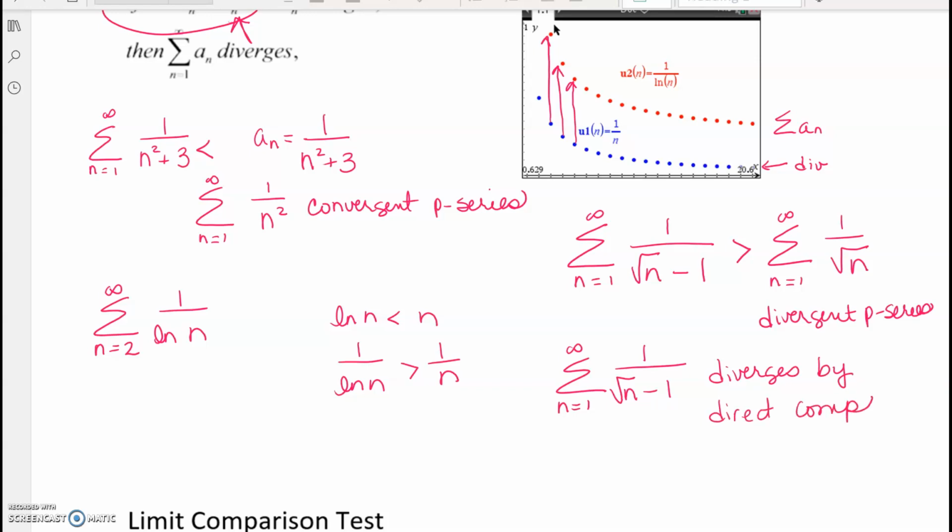So to prove convergence with this, you want your denominator to be bigger, and so the whole thing is smaller. And to prove divergence, you want your denominator to be smaller, so your whole quotient is larger.